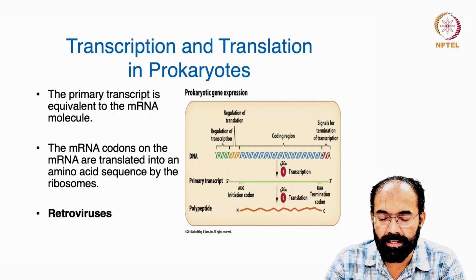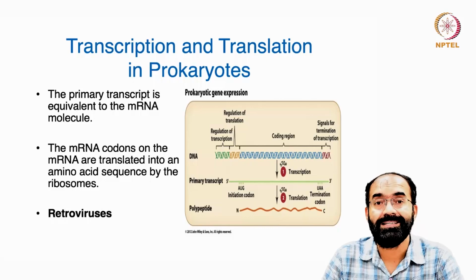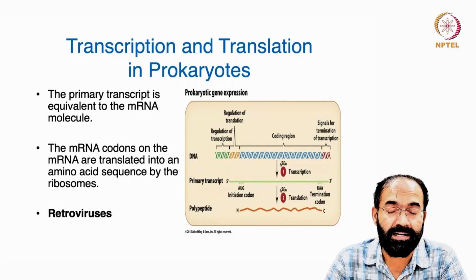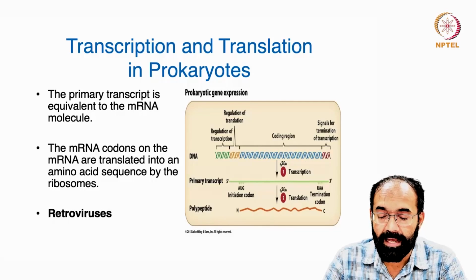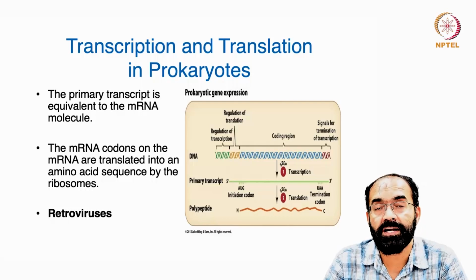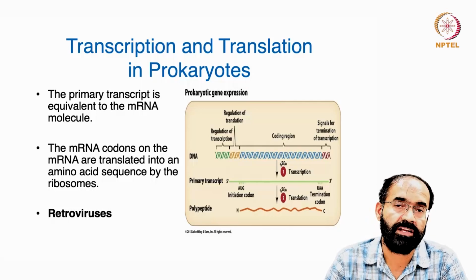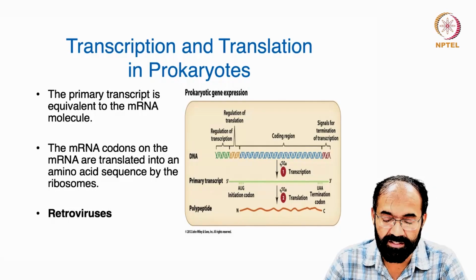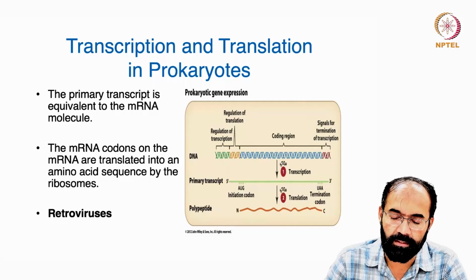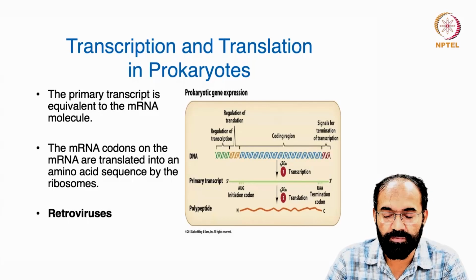Then you have a yellow region, which is the regulation of the translation. That means it forms some of the UTR, untranslated region, and that can influence how effectively an mRNA should be translated. Then in blue, you have the actual coding region, that means it brings in the amino acids. And lastly, in deep pink, you have the signals for the termination of transcription.